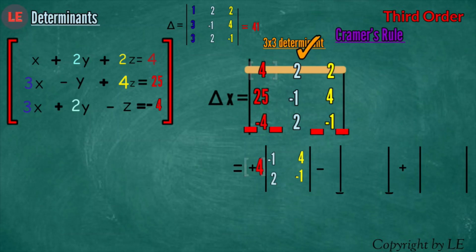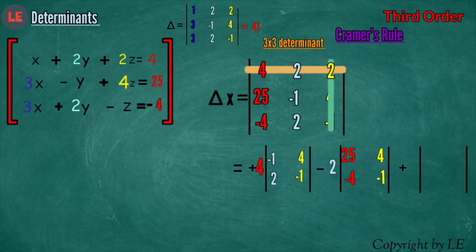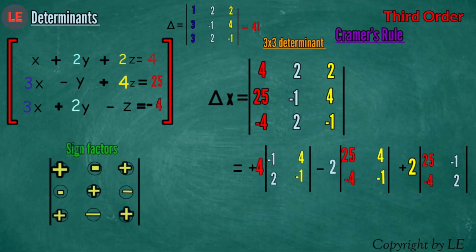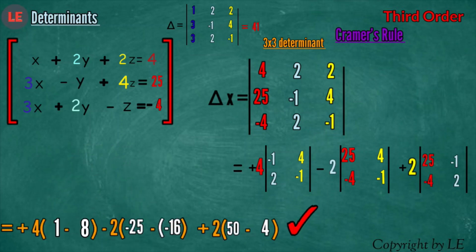Then here, only this group left out alongside 2, and on the last column, only this group left out alongside this 2. Don't forget to use sign factors in between. From this point, we use the 2 by 2 matrix evaluation method. All this gives us the determinant with respect to x to be 82.